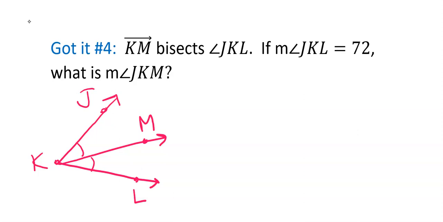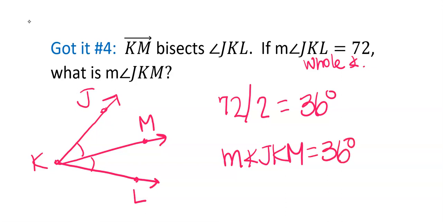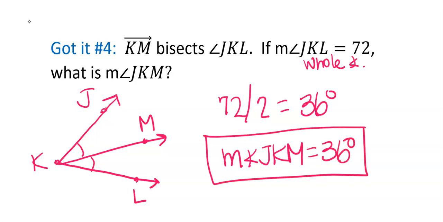JKL, that's the entire thing, is 72. What is JKM? So if it splits it into two equal parts, we're going to divide 72 by 2. Each part is going to be 36 degrees. So measure of angle JKM is equal to 36. And that's it.